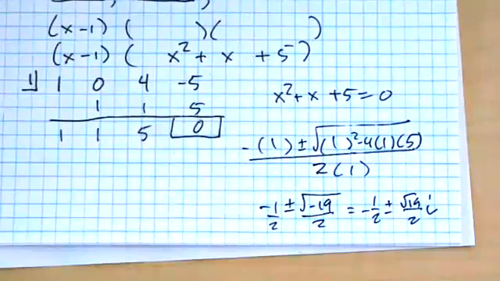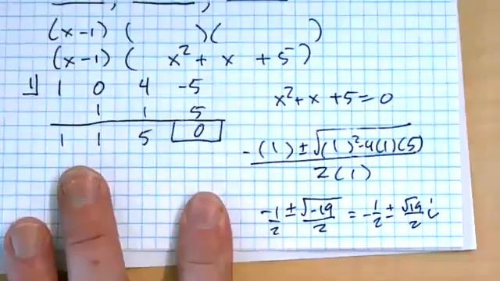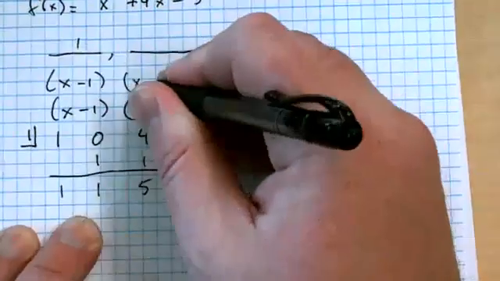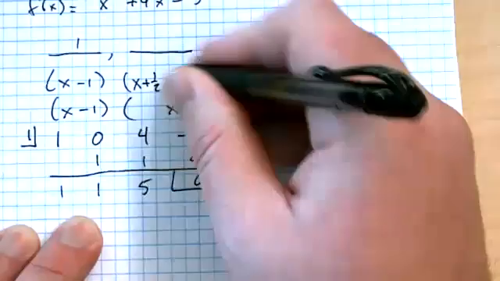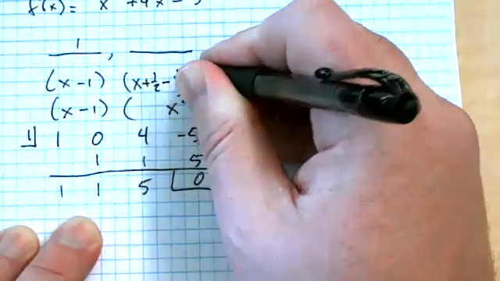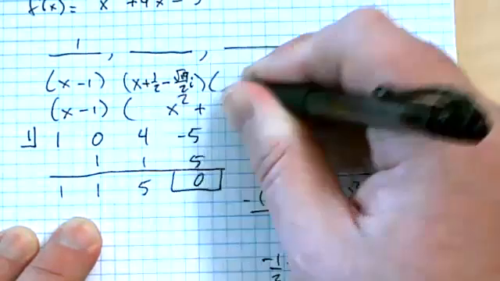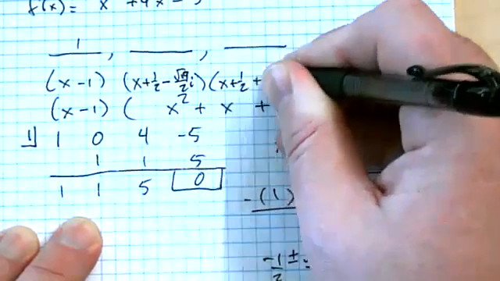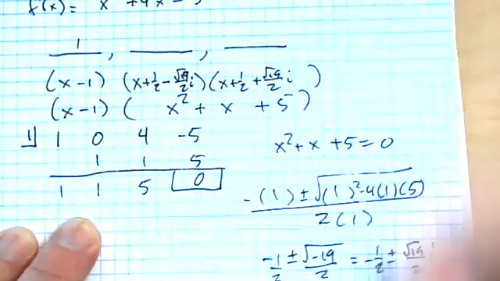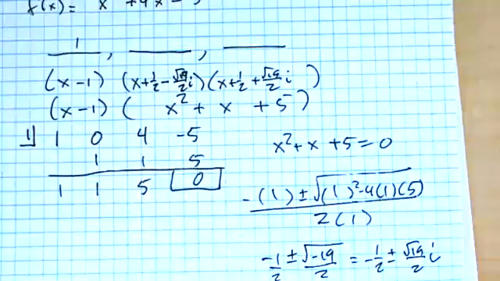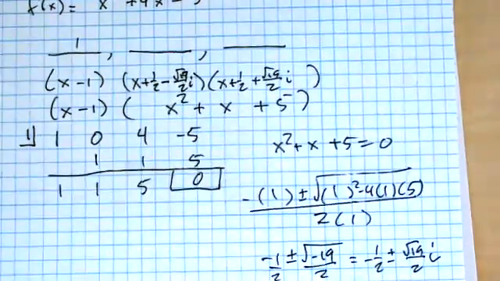And that'll give me my last 2 factors, which would be x plus 1/2 minus root 19 over 2i and x plus 1/2 plus root 19 over 2i. And that gives me my last 2 zeros as well. I'll let you fill those in.